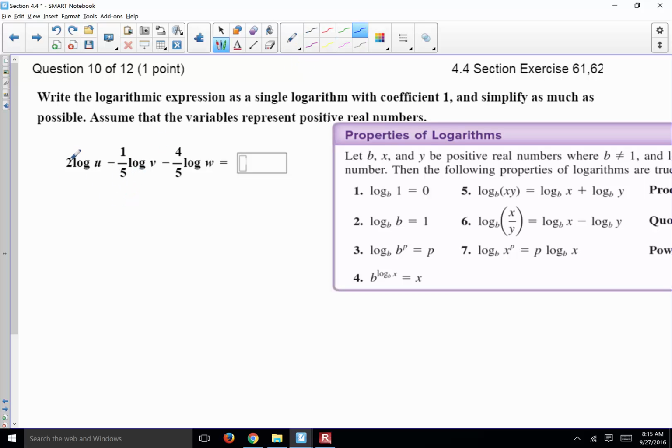If they do, put them back inside as powers, and make all those coefficients in front gone. This is log of u squared, this is log of v to the 1/5, and this is log of w to the 4/5.